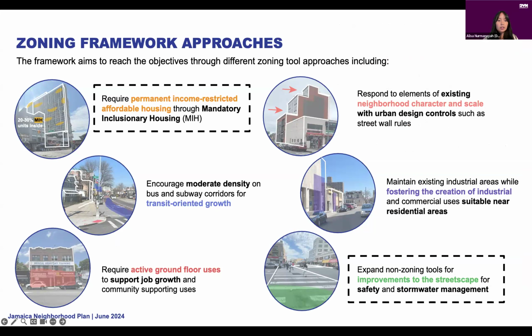Our toolbox includes an affordable housing tool called mandatory inclusionary housing, which requires developers to create a portion of units as income-restricted affordable housing, and we are also working with partner agencies to create plans and utilize tools outside of our zoning toolbox to improve conditions in Jamaica as we plan for the future.